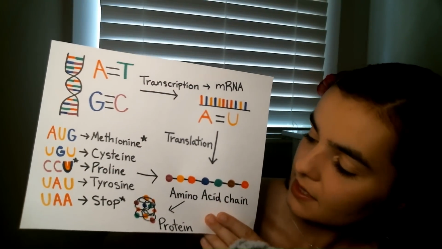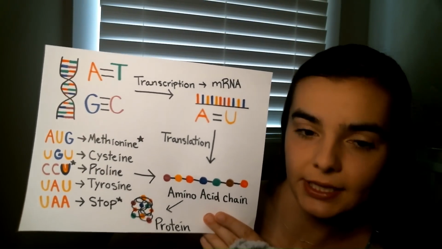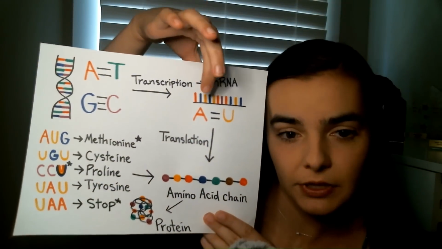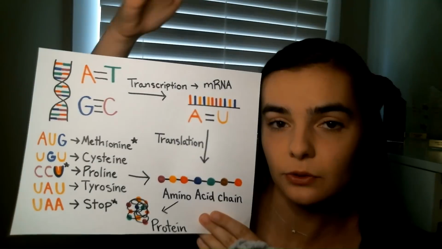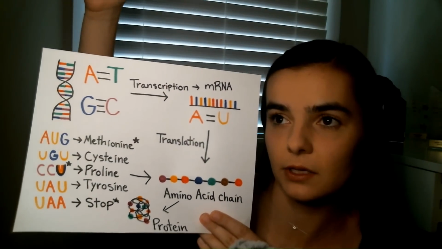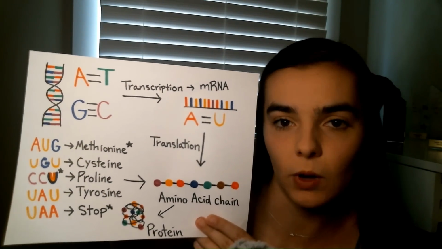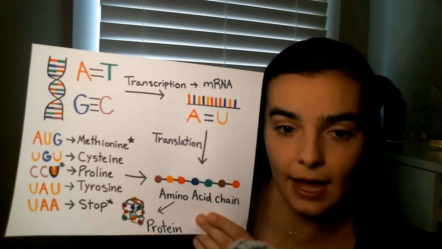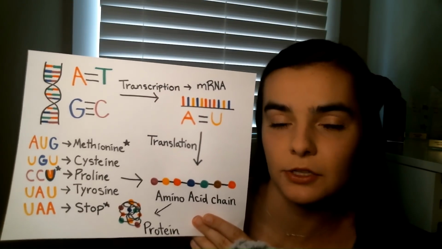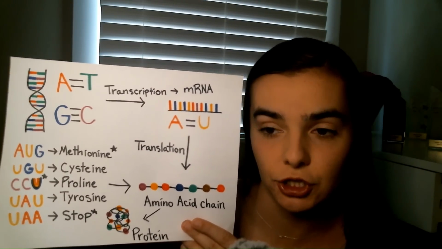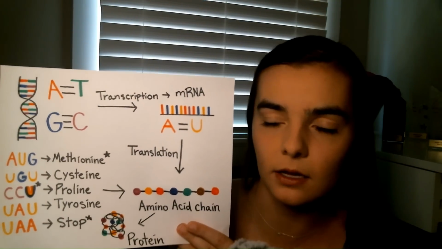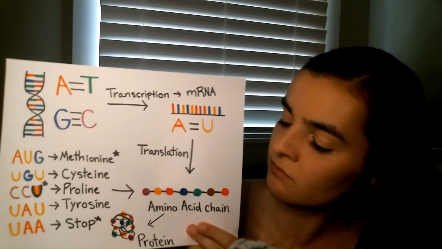So what happens in translation is that each of these nucleotides is used to tell the machinery in your body what amino acids to add to the protein. A protein is a chain of amino acids. They're like the building blocks of proteins.